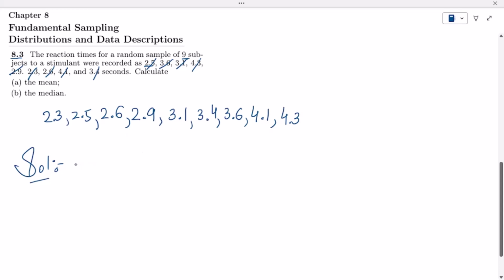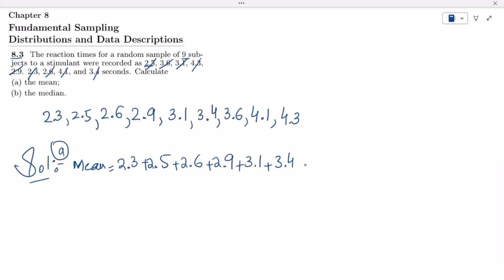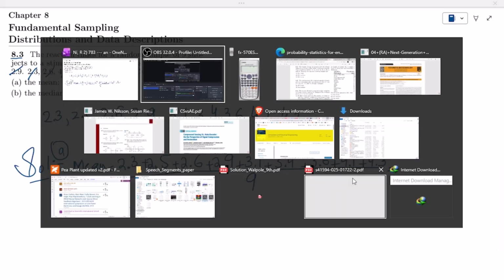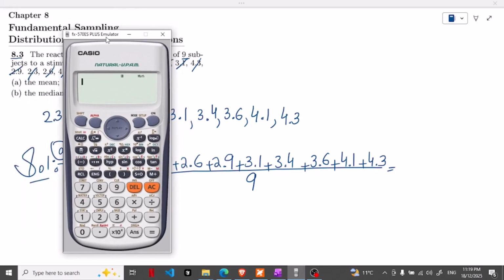To find the mean, which is part A, we have to add them all together: 2.3 plus 2.5 plus 2.6 plus 2.9 plus 3.1 plus 3.4 plus 3.6 plus 4.1 and plus 4.3, and divide by the total number of values we have, which is 9. So let me add them all here.